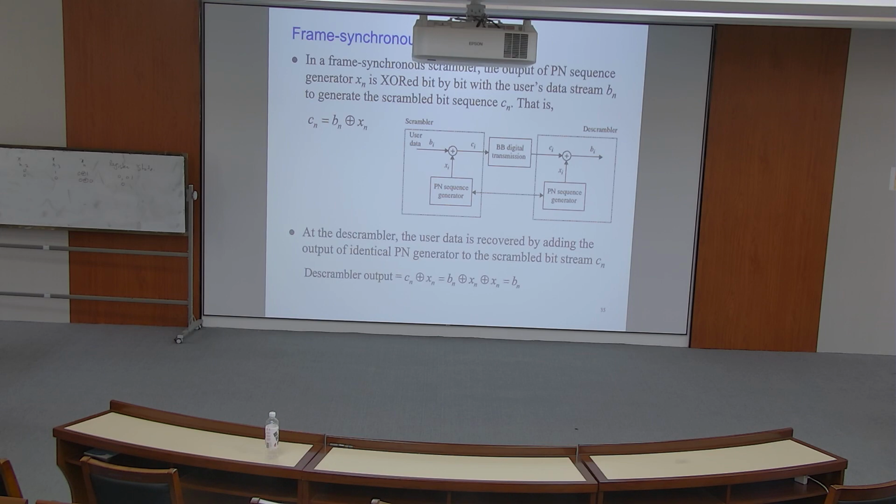That is, C of n is equal to D of n plus X of n, where D of n is the user data and X of n is the PN generator output.